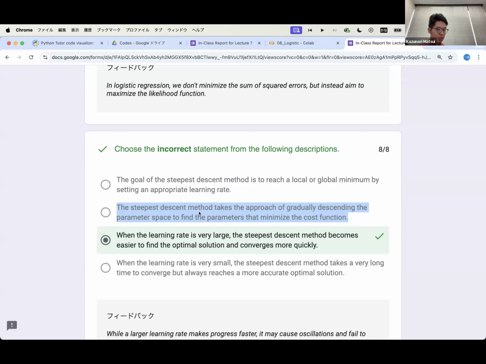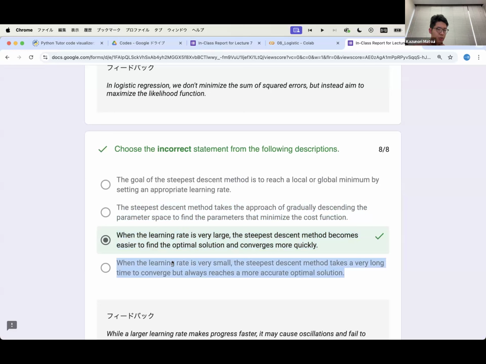This is correct. When the learning rate is very large, progress is fast, but it may cause oscillation and fail to converge. So it doesn't necessarily make it easy to find. So the third option is false.